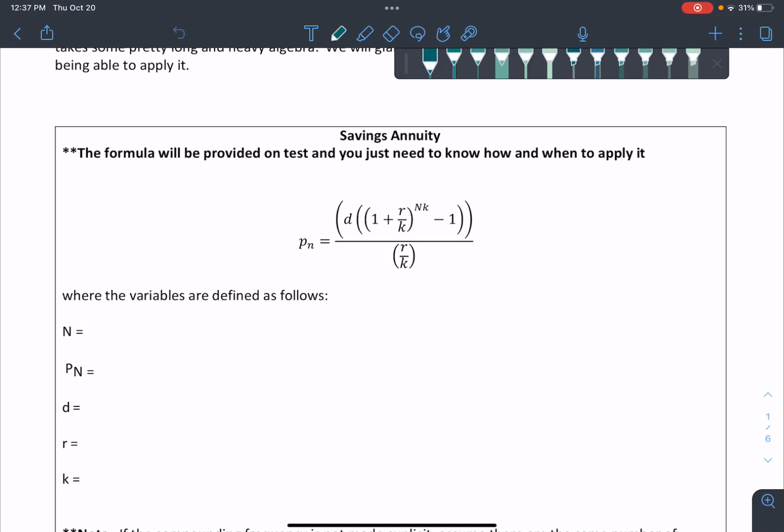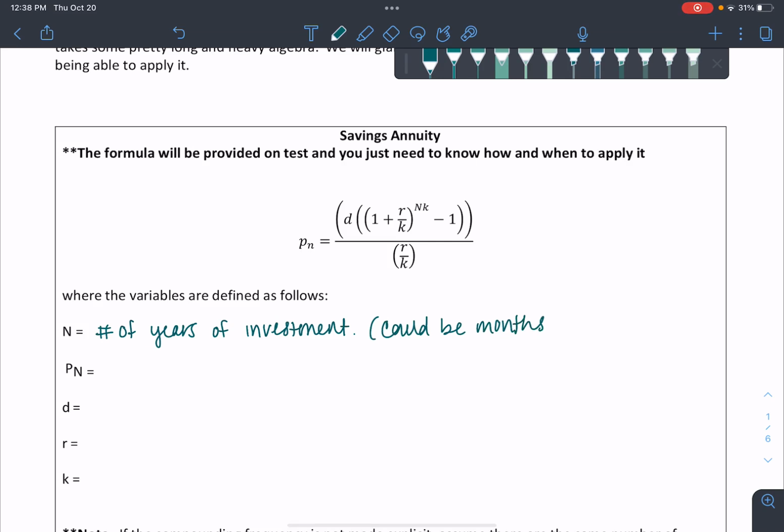So N, the first one, is going to be the number of years of investment. And what we mean by that is it could be months, could be days, but unless otherwise specified, it should be, in most cases, years, okay?